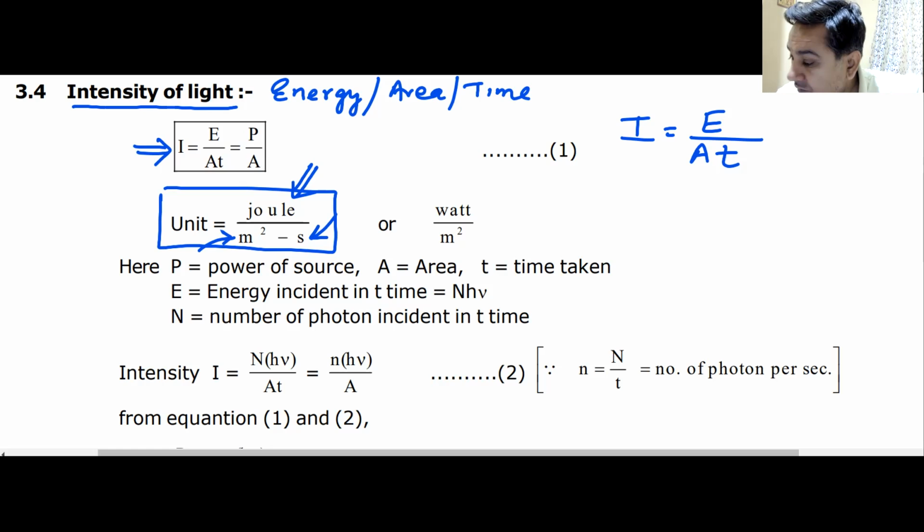But if you look at this term E and this term T, energy divided by time, energy per unit time. Does energy per unit time ring a bell? What is energy per unit time? Does it remind you of something?